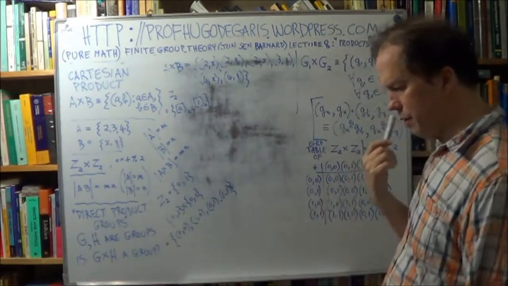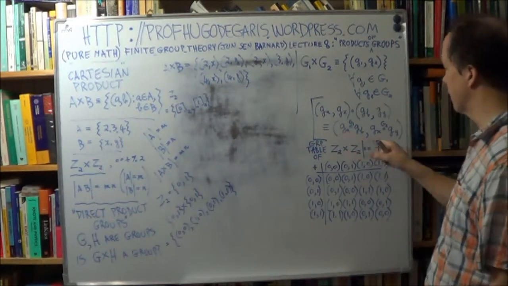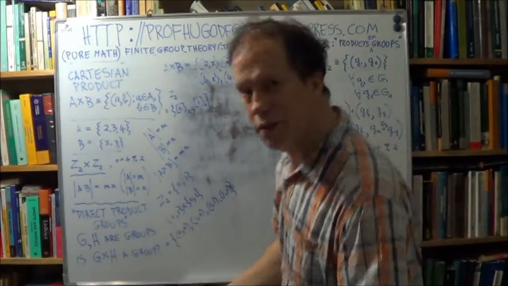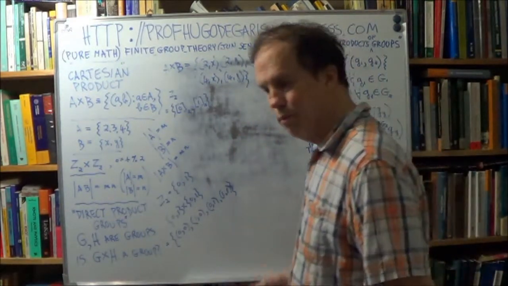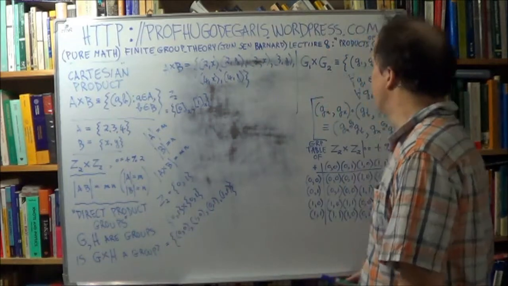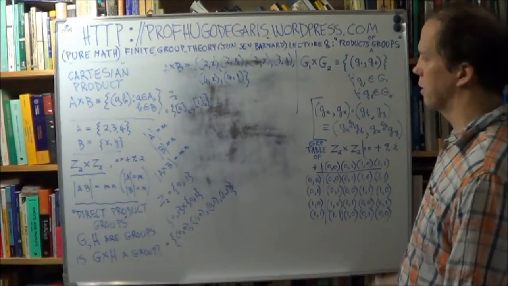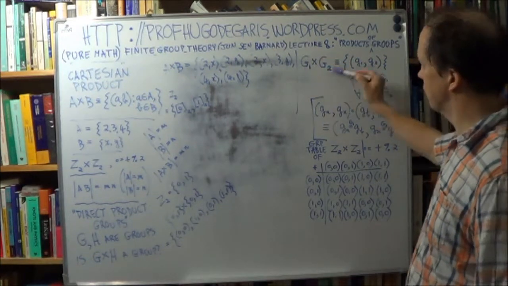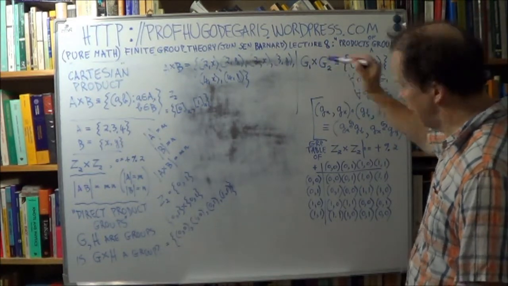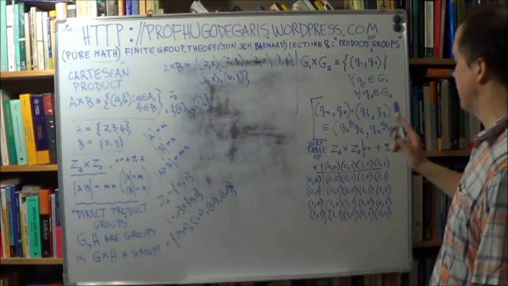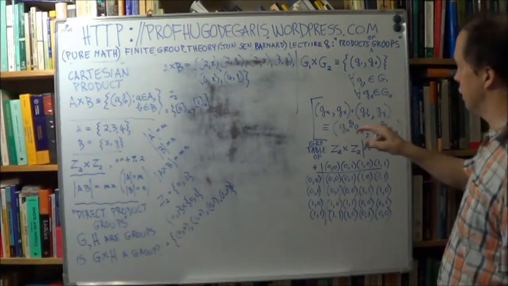Well, with a bit of thought, you end up with something like this. I'm not just throwing it at you, and we can prove that it is a group. If we can prove that this is a group, you can call this thing a direct product group. So here's the definition.